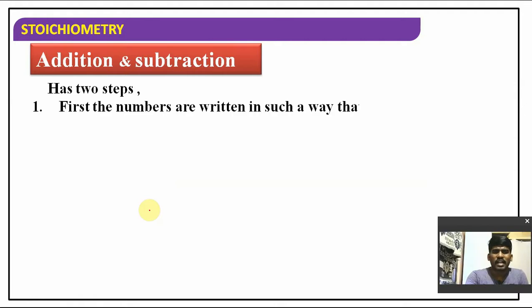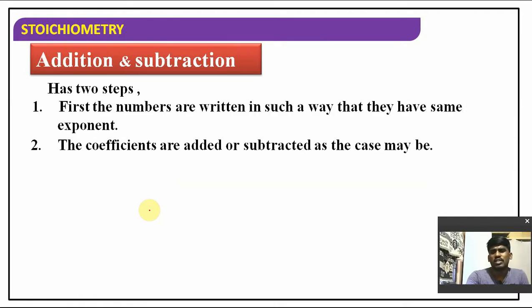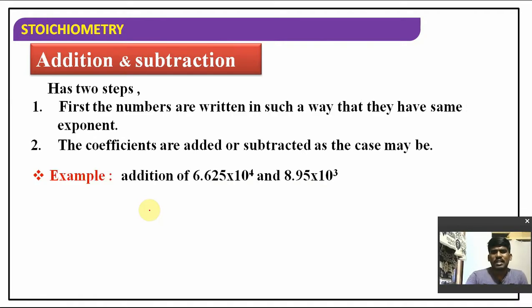Addition and subtraction actually has two steps. If you observe it, first the numbers are written in such a way that they have the same exponent. Then the coefficients are added or subtracted as the case may be.